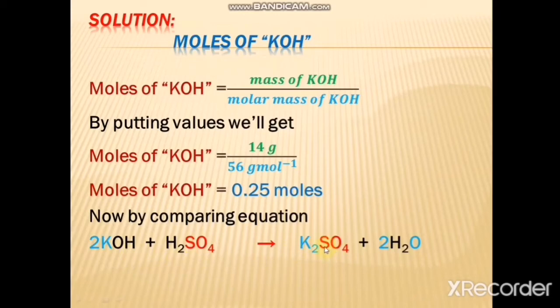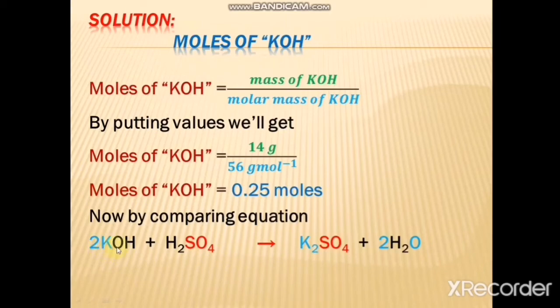First, for the mass of potassium sulfate, we compare the moles of potassium hydroxide with moles of potassium sulfate according to the balanced chemical equation. Similarly, for the mass of water produced, we will compare the moles of water with moles of potassium hydroxide and then make further interconversions.